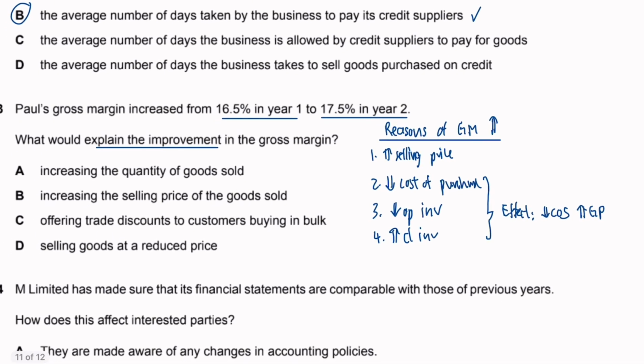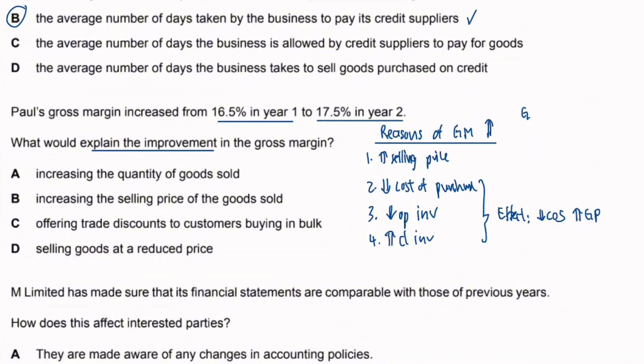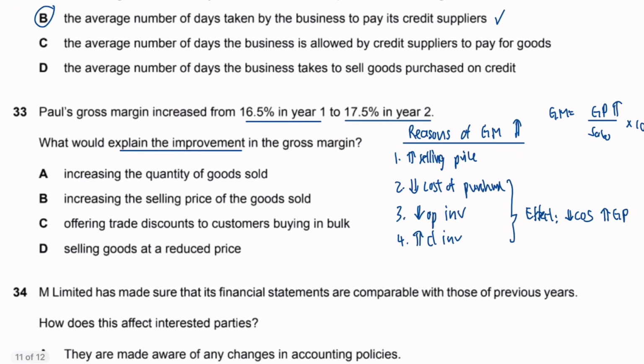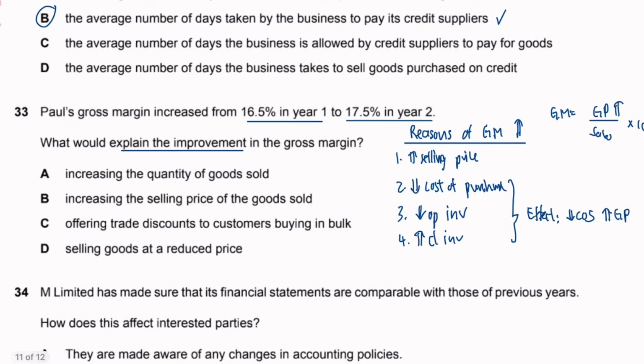Remember the gross margin formula is gross profit divided by sales times 100. So if you want this to increase, your gross profit should increase. First, increasing the quantity of goods sold. No, this is not under these reasons. Second, increasing the selling price of the goods sold.